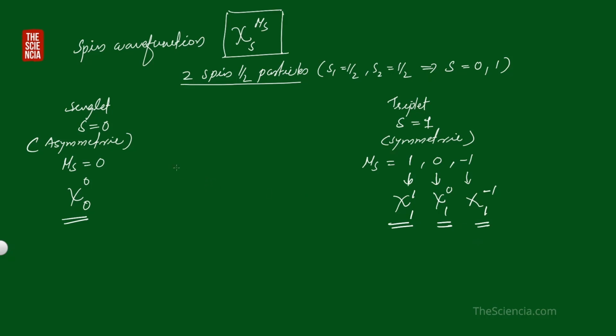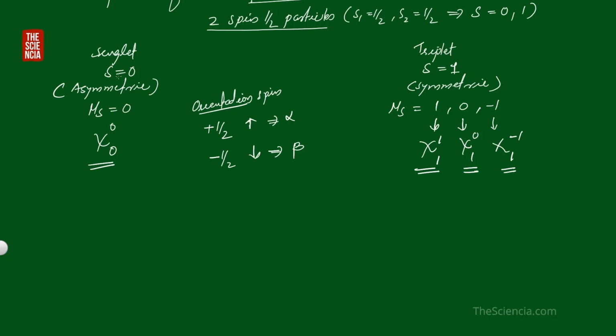And earlier I told you the orientation of spin may be plus half, that is in the positive direction, or minus half, that is in the negative direction. So the plus half is represented as alpha and the minus half is represented as beta.